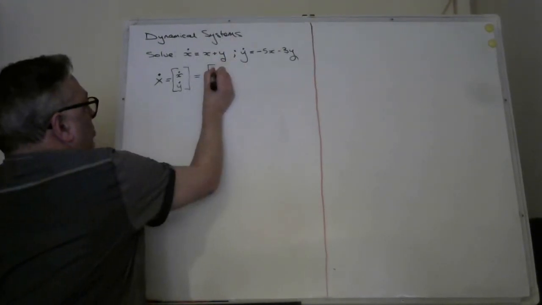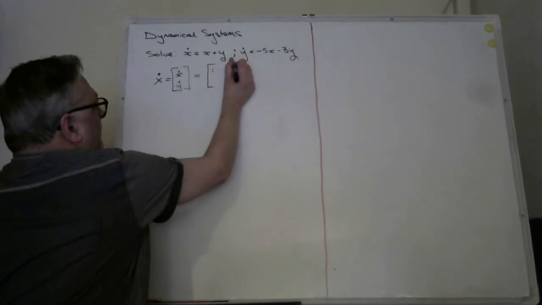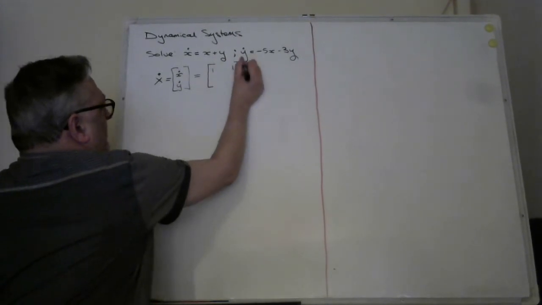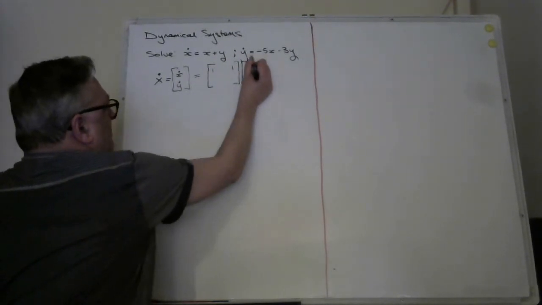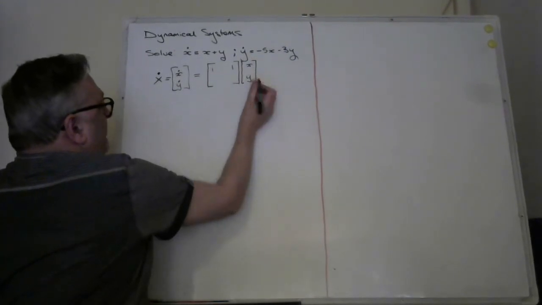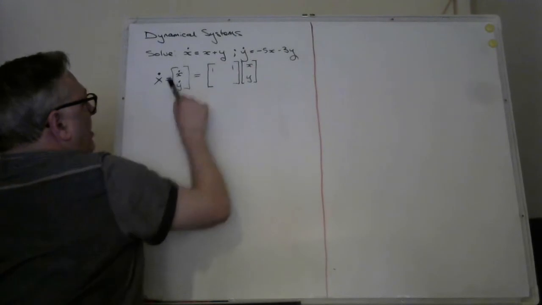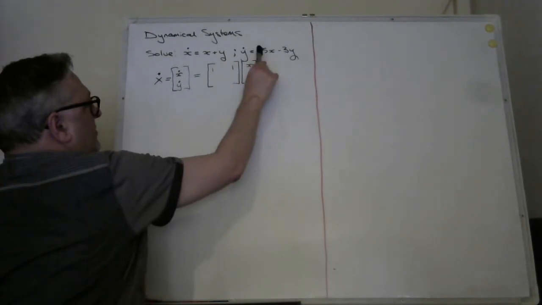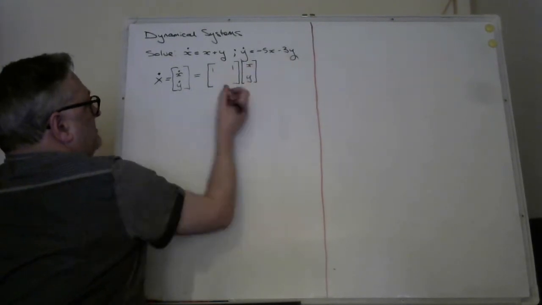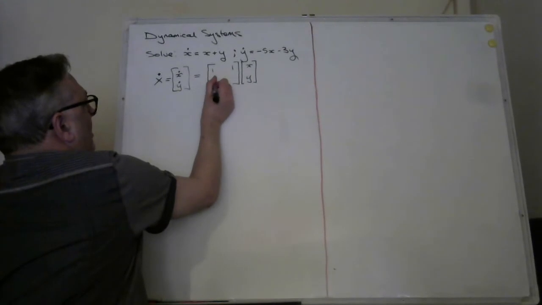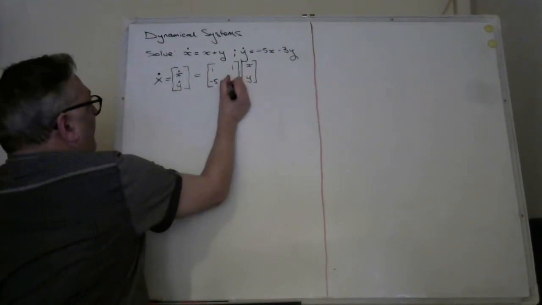That's the same as 1 and 1 in that matrix. We don't forget to put our x and y vector in there. And then for the y dot vector, we've got minus 5x minus 3y, or if you like, minus 5, minus 3, like that.